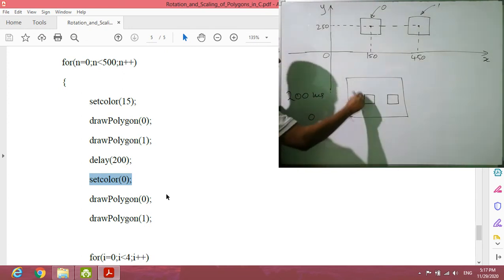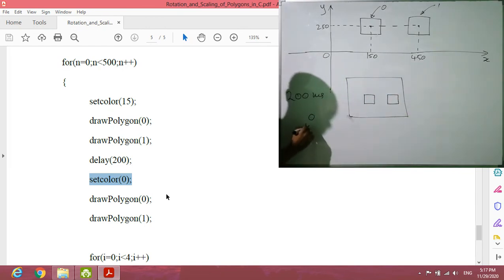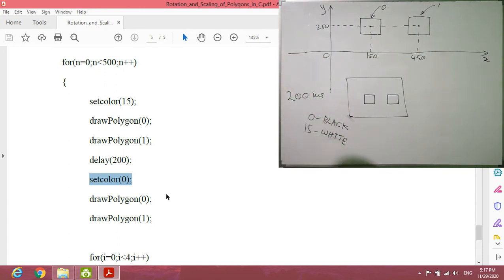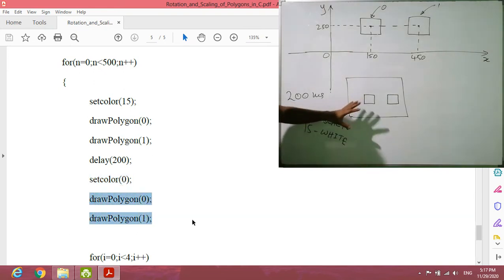The lines we draw in white, number 15. This is black, this is white. So after that we set the color to 0, that means black. Again we redraw the two polygons. Understood?